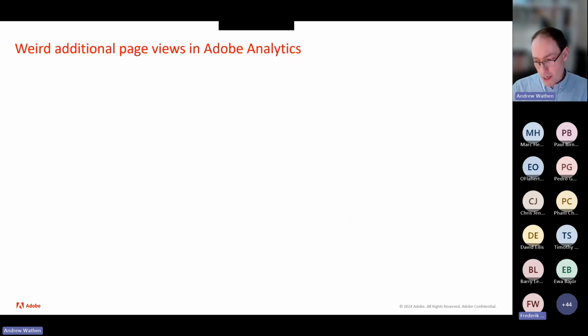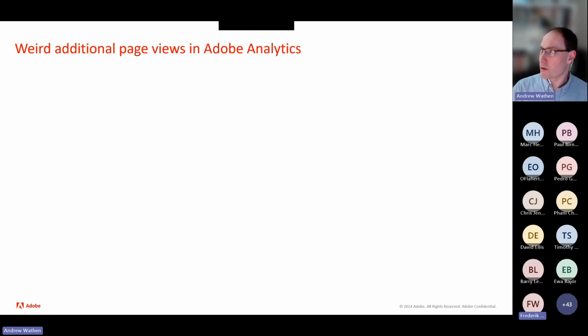And the final thing to mention is not really something specific, but really something that can occur if something's gone wrong. At various points when we've been testing and trying to work things out, we have sometimes seen some really weird additional page views turning up in Adobe Analytics.